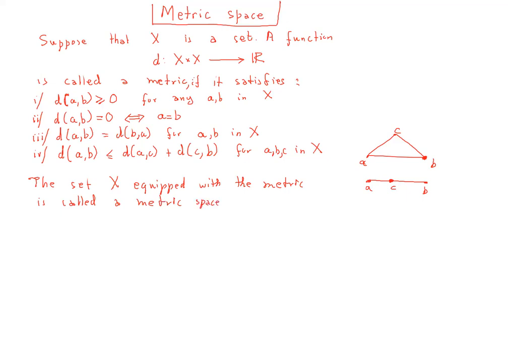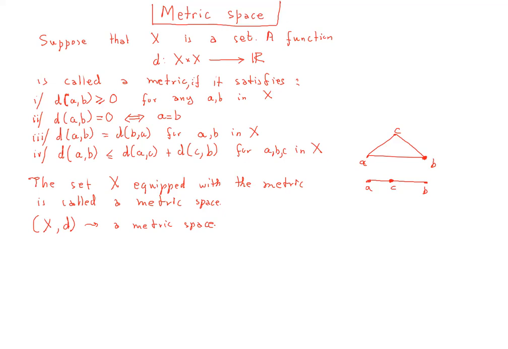So sometimes what we actually say is that the pair (X, D) is a metric space. Occasionally, we will have a set that we wish to equip with more than one metric. And in that case, we should make it quite explicit which metric we consider at any given moment.